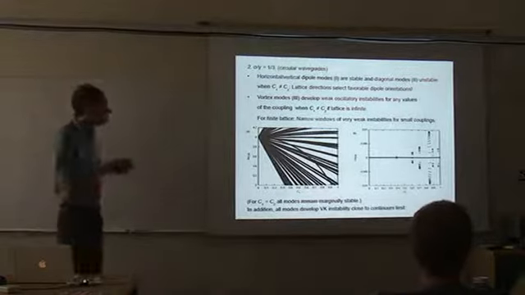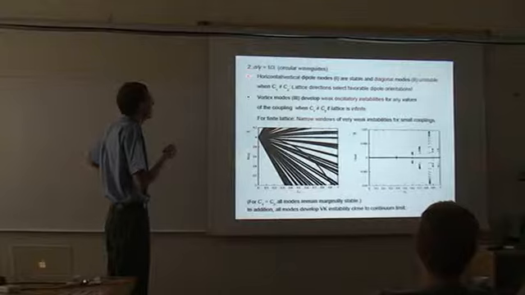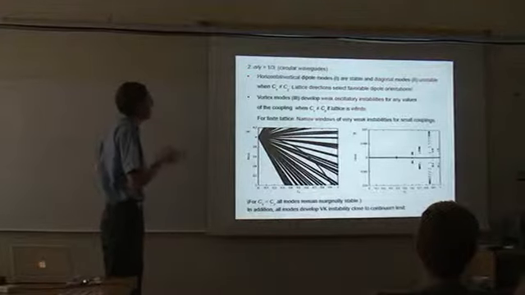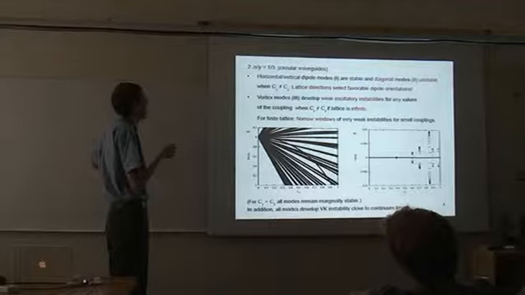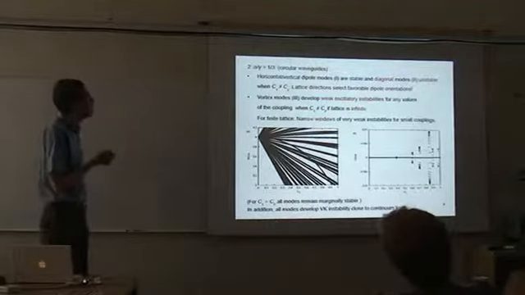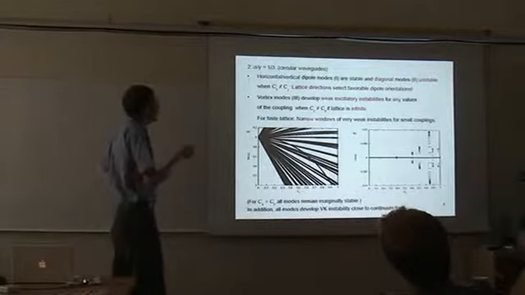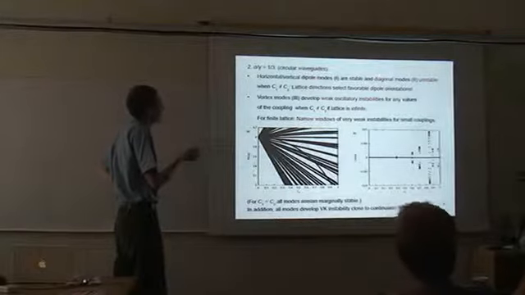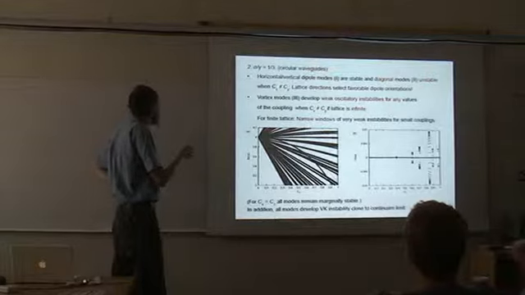So in the maybe more interesting case where sigma over gamma is equal to 1 over 3, we have the circular waveguides, and of course we had marginal stability of all modes for a single waveguide. What we find is that the horizontal and vertical dipole modes will be stable, and the diagonal modes will be unstable as soon as you increase the coupling constants when you have this anisotropic modulus.